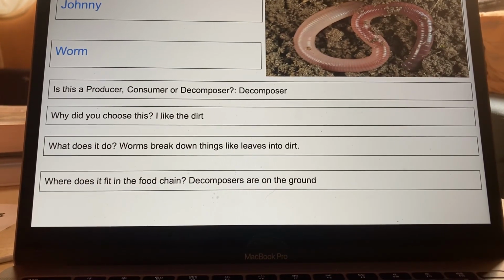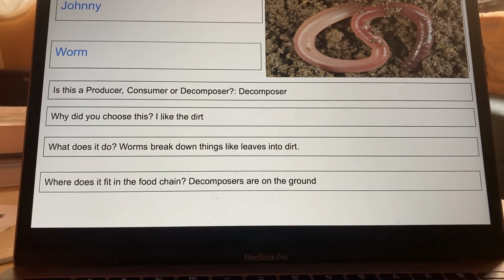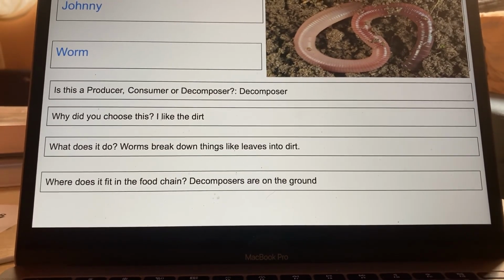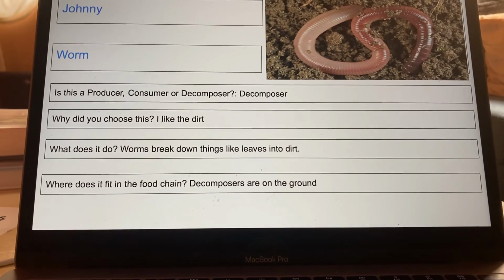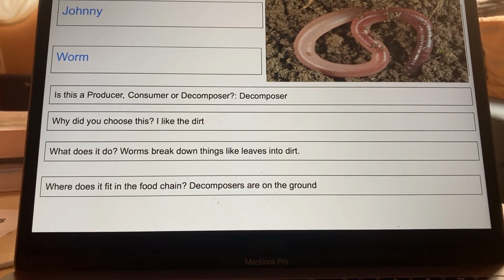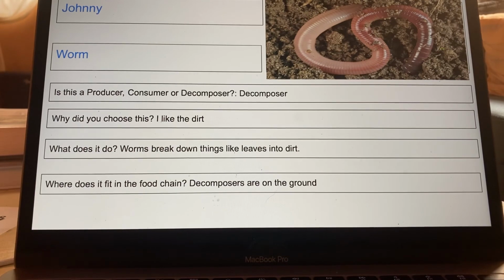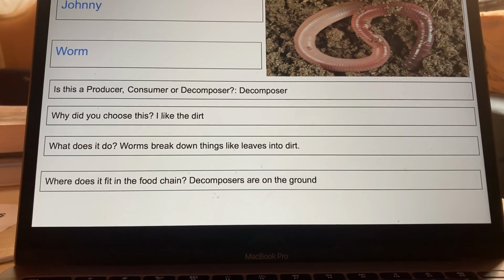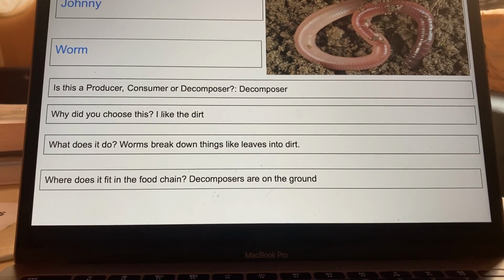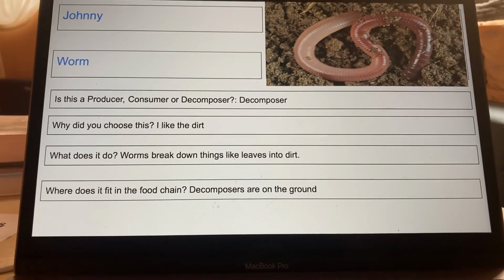We're going to stand in order. So be ready to read out loud and present. Some of you are going to work in partners, but just keep in mind that we're going to put whatever species you choose into a food chain. So you really need to understand the role that this plays and where it would go compared to other things in the ecosystem. Please let me know if you have any questions. Have fun.